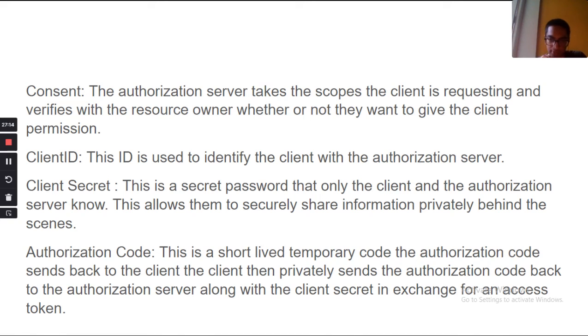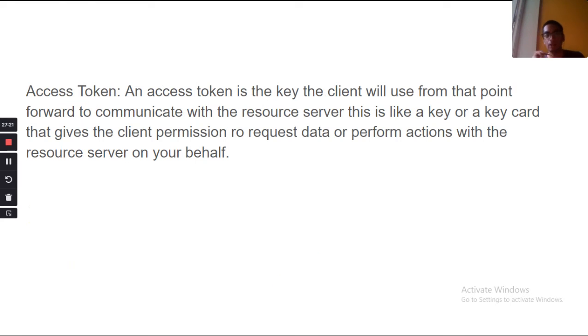Now the client has an access token, and with this access token, let's see what it can do. An access token is the key the client will use from that point forward to communicate with the resource server. This is like a key card that gives the client permission to request data or perform actions with the resource server on your behalf.